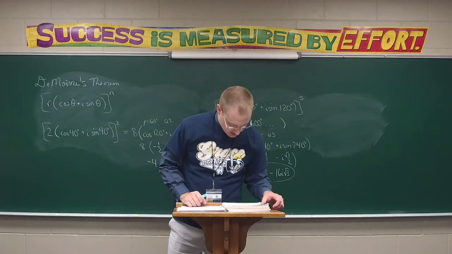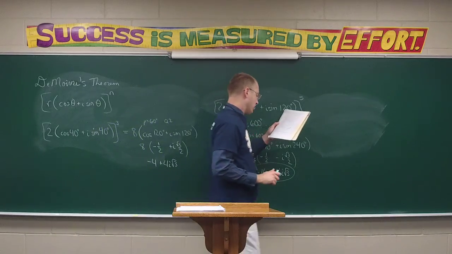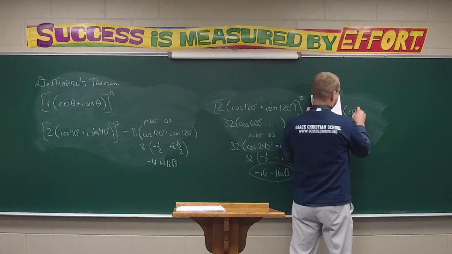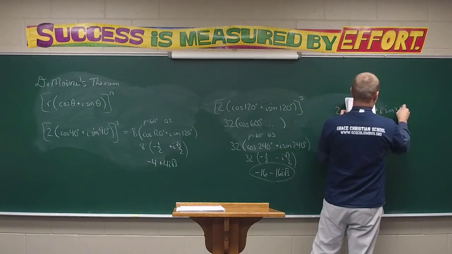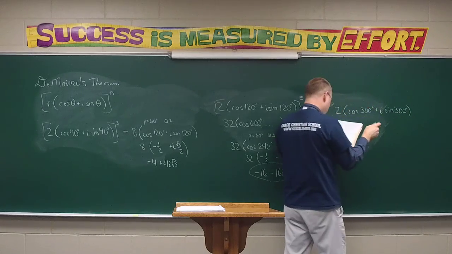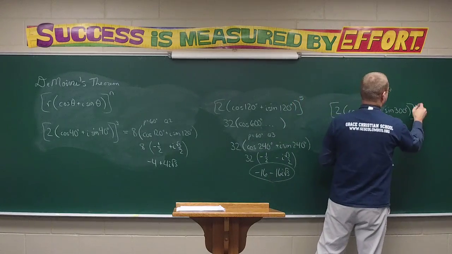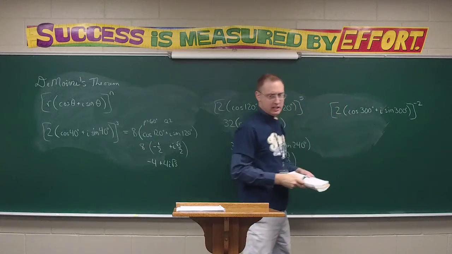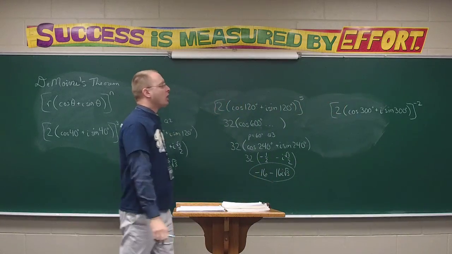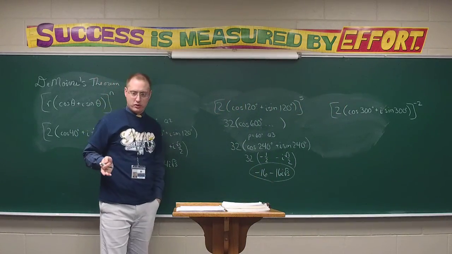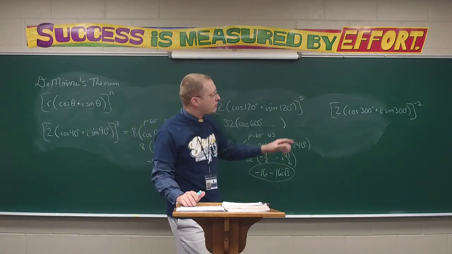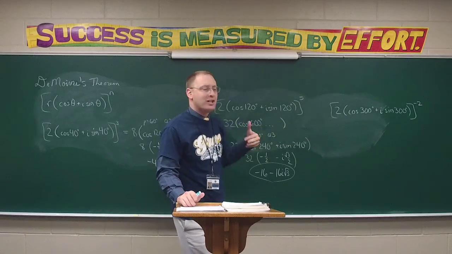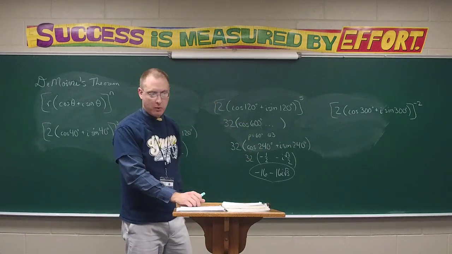Let's take a look at number 16 now, because number 16's got a little bit of a weird twist. Here we've got 2 times the cosine of 300 plus i times the sine of 300, and it's all being raised to the negative second power. Well, we know this. Negative exponent means reciprocal. But which part of the complex number in the trig form actually gets raised to the negative power?